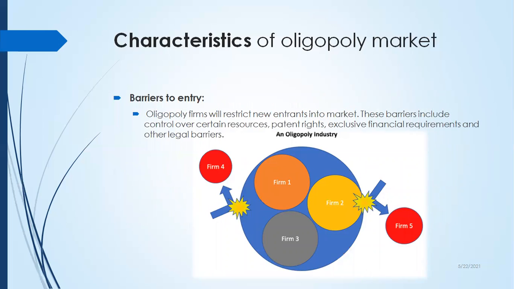Another main characteristic of this market is high barriers to entry, because oligopoly firms will restrict new entrants into the market. These barriers include control over certain resources, patent rights, exclusive financial requirements, and other legal barriers. Therefore, entry into the market is very difficult.